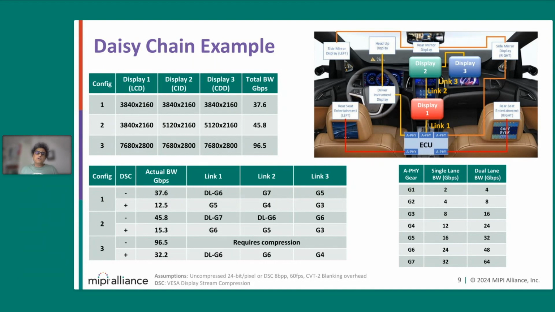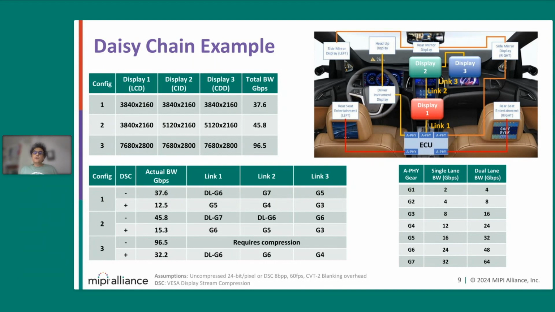But when using compression, we can reduce the required bandwidth from 96.5 to 32.2 here, and we can map it to dual lane gear 6, or to gear 6 on link 2 and gear 4 on link 3 in configuration 3. And if we are in configuration 1, we can use a higher speed A-PHY gear on link 2 and gear 3. In this example it's uncompressed, but when it's compressed, we can even further reduce the overall link speed.